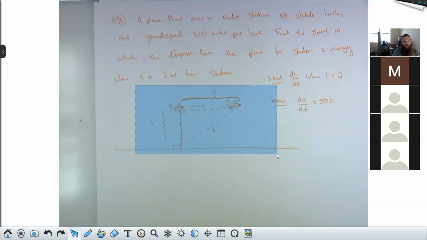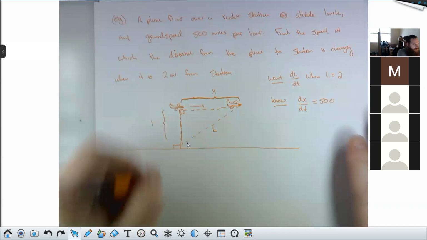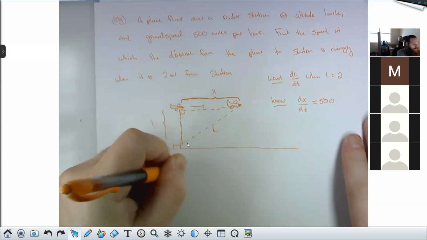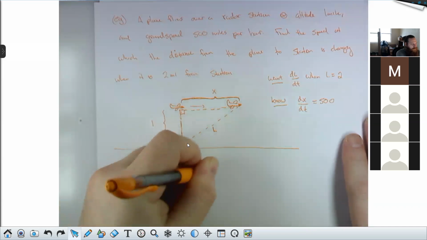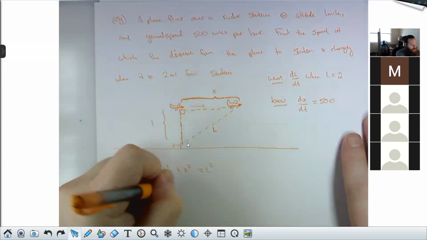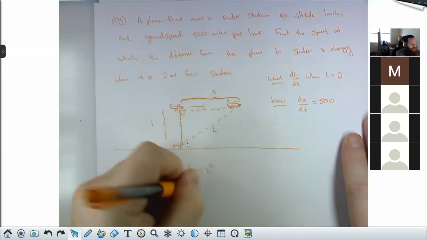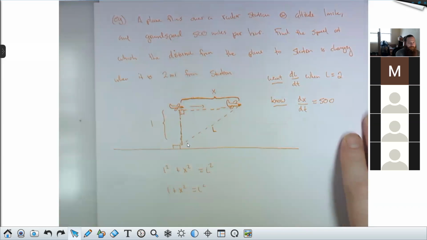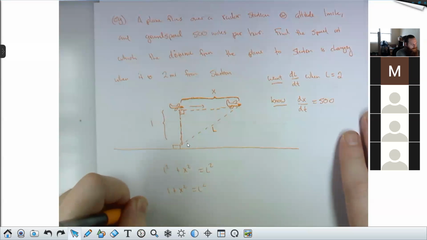The nice observation here is that we do have a right triangle. This is 1, this is x, and the hypotenuse is L. So we know that 1 squared plus x squared is equal to L squared. Or just 1 plus x squared equals L squared. So I applied d/dt to both sides.